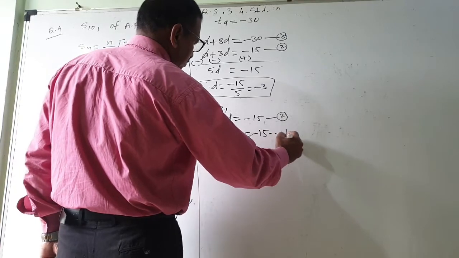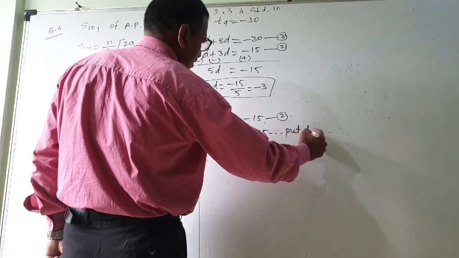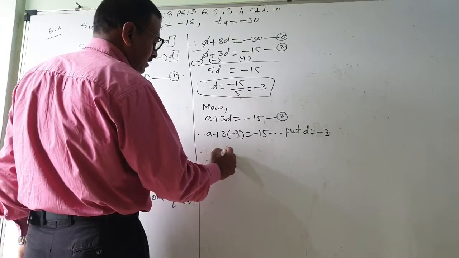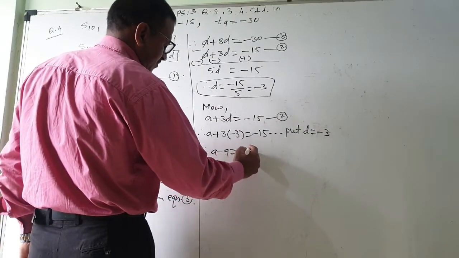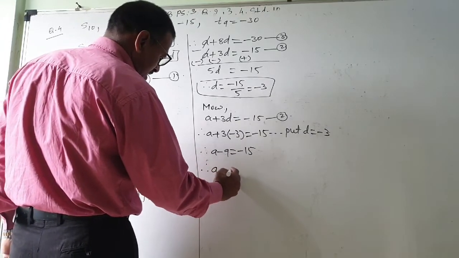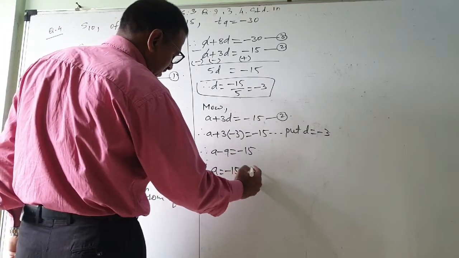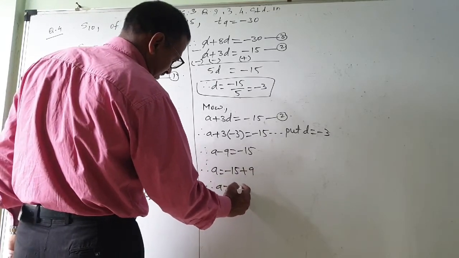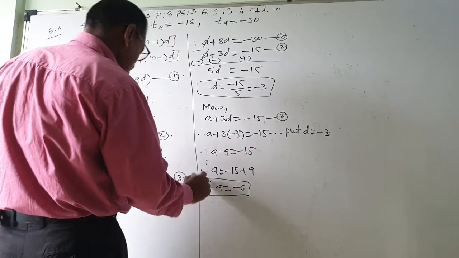Put d equal to minus 3. Therefore, a minus 9 is equal to minus 15. This will go there, and therefore a is equal to minus 15 plus 9. Therefore, a is equal to minus 6. So this is also our answer.